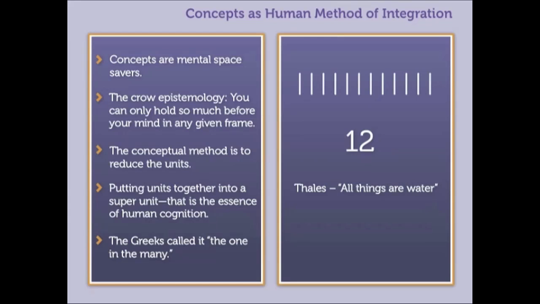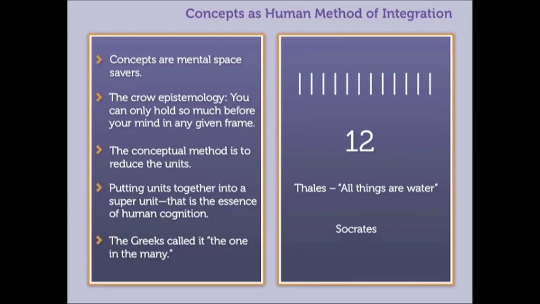Now, what philosopher was it actually that transposed this one in the many quest from matter to epistemology, and therefore is really the father of proper thinking? And I don't mean Aristotle either. No, even before Plato. Socrates. Socrates is really the one who first grasped that the essence of thought is integration, the one in the many, and he did it in the form of trying to find definitions.